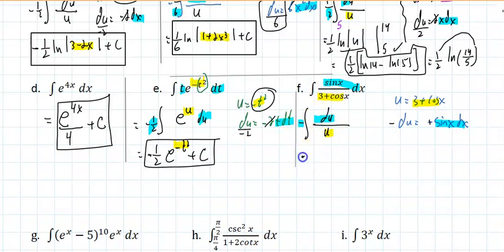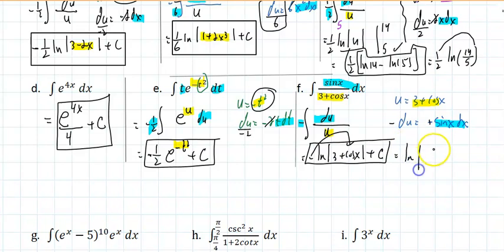And this is nothing more than natural log of absolute value of u plus c, and that would be 3 plus cosine of x. The back of the book might take that and make it a power. They do that sometimes. Of course, you don't have to do that, but it is doable if one wishes.